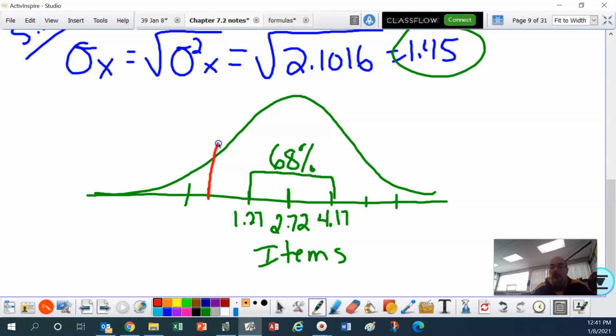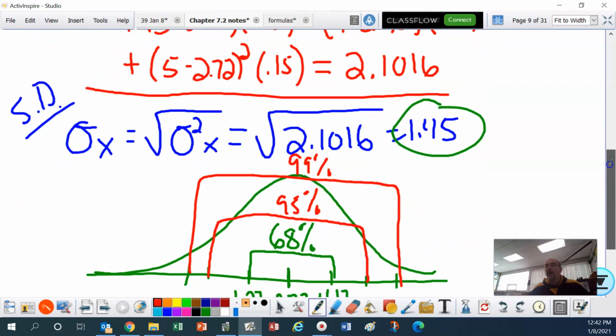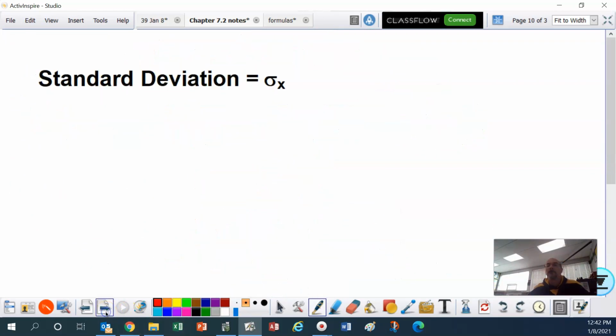And then you remember 2 standard deviations is the 95%, and 3 standard deviations is the 99.7%. Now, this doesn't work very well going to the other stuff because we end up with negatives, and really you can't have negative numbers. But I want to remind you of what the mean and the standard deviation can tell us if it's approximately normal.